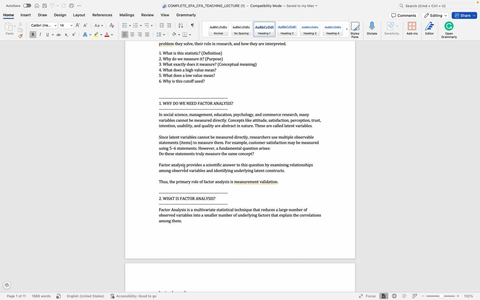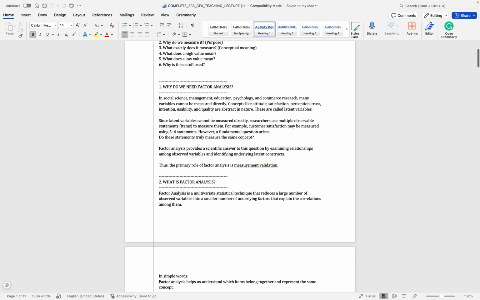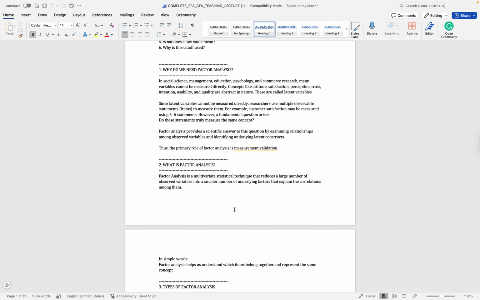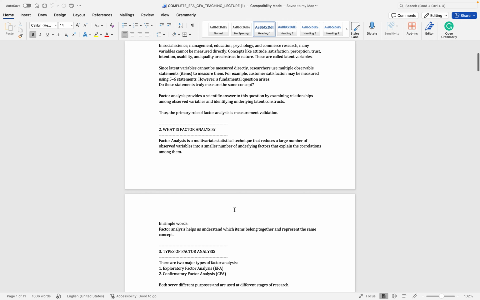For example, customer satisfaction may be measured using 5-6 statements. However, a fundamental question arises: do these statements truly measure the same concept? Factor analysis provides a scientific answer to this question by examining relationships among observed variables and identifying underlying latent constructs. Thus, the primary role of factor analysis is measurement validation.